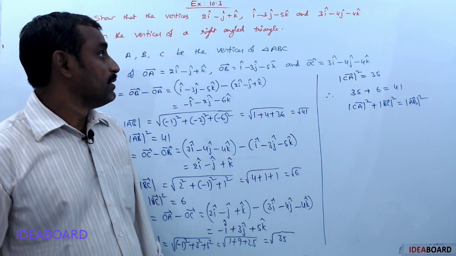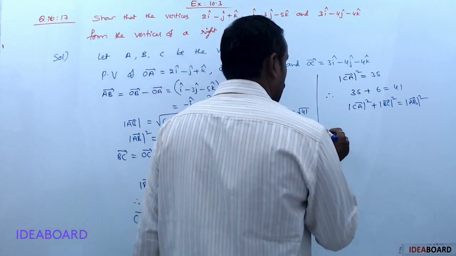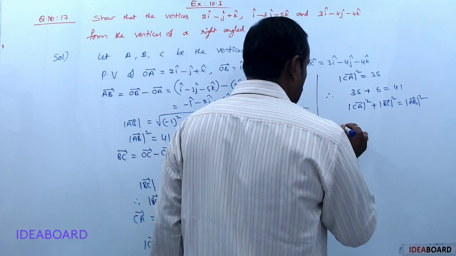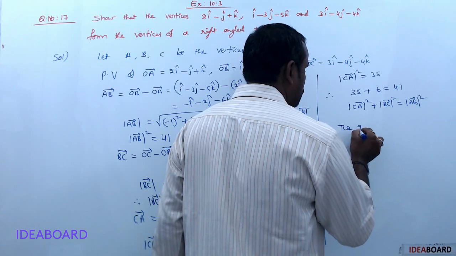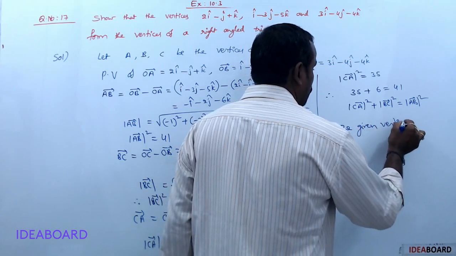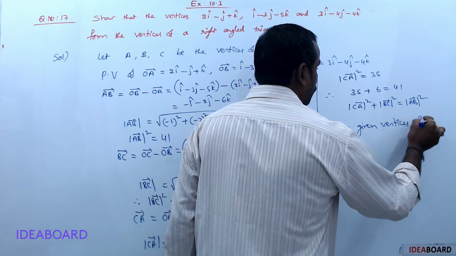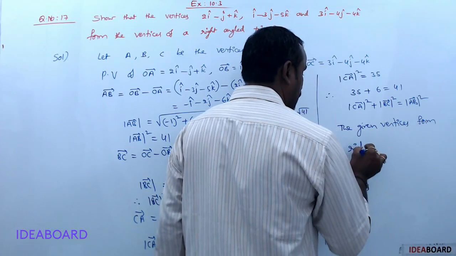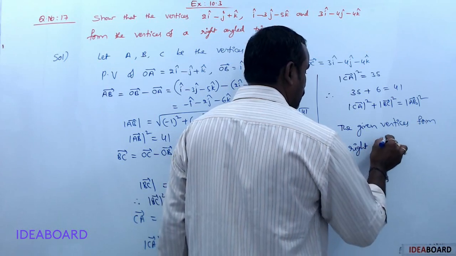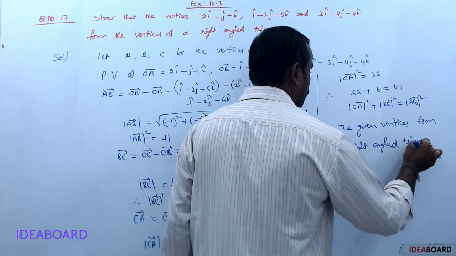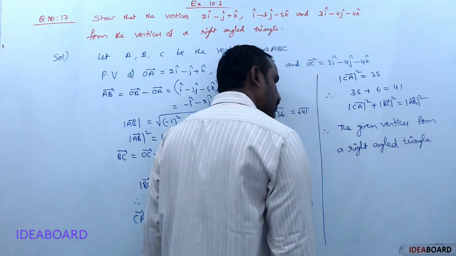Therefore the given vertices form a right angled triangle, hence proved.